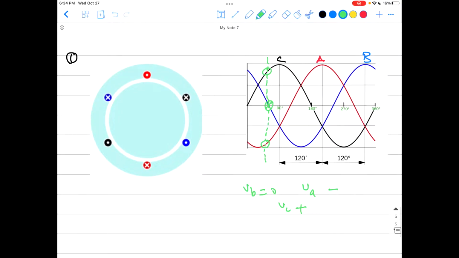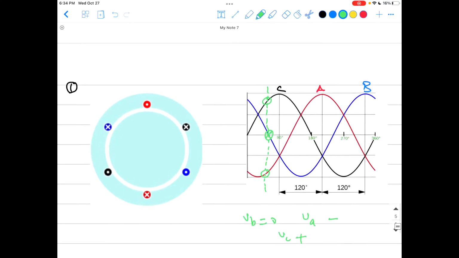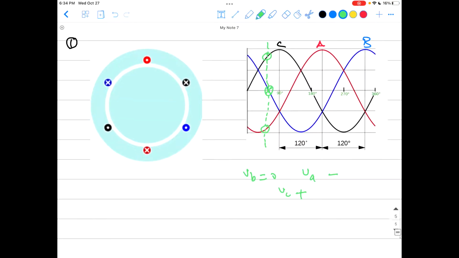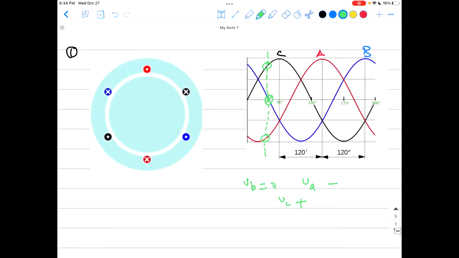So, how does this apply to the winding? Go to B, which is the blue winding, it does not have voltage. That means no current passing through it, and that means zero flux. It does not produce any flux, okay? But C, which is the black winding, has positive current, okay?